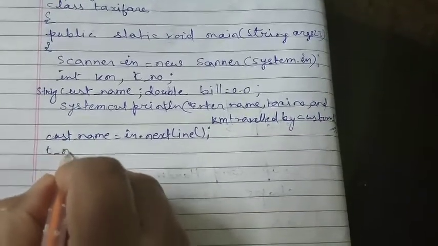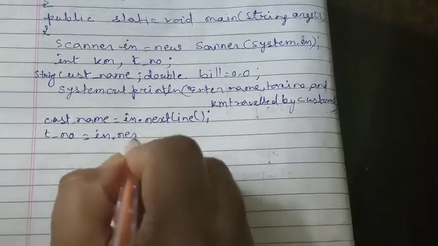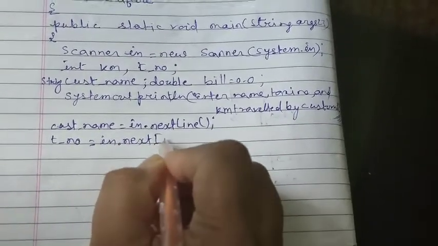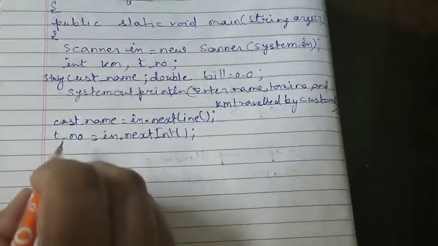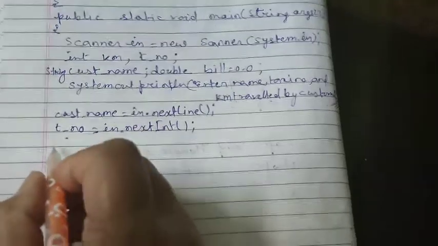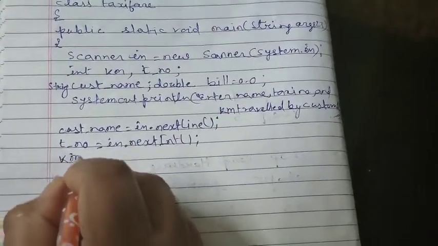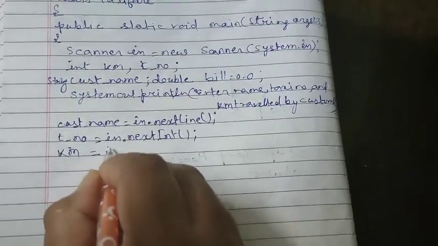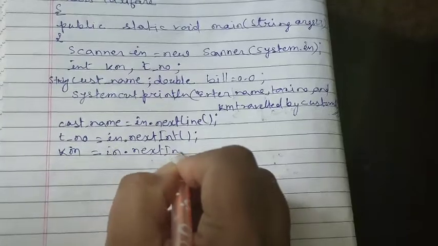T no is equal to in.nextInt, because I have taken the taxi number as an integer. You can take it as a String data type also. And after that, kilometer I have taken as integer, so I will use in.nextInt.